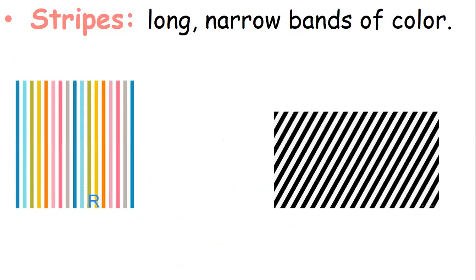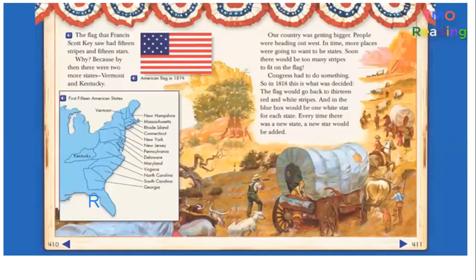Stripes. Stripes are long, narrow bands of color. Can you see the pictures there? These are the stripes. Okay, my lovely students, now listen carefully to the story.